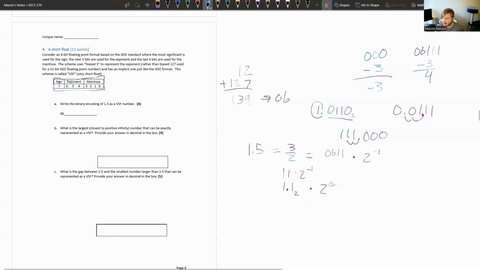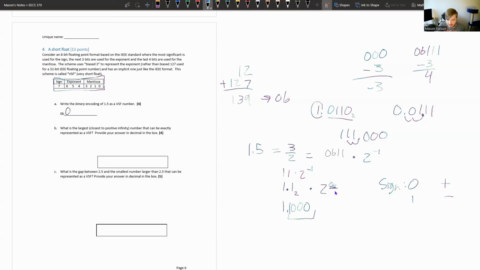To fill out the rest of our mantissa, we add zeros to the end, since we want everything after the decimal point to be 4 bits. So 1000 is our mantissa, 0 is our exponent, and our sign bit should be 0, since that represents positive, and 1 would represent negative. That's what we'll write first.